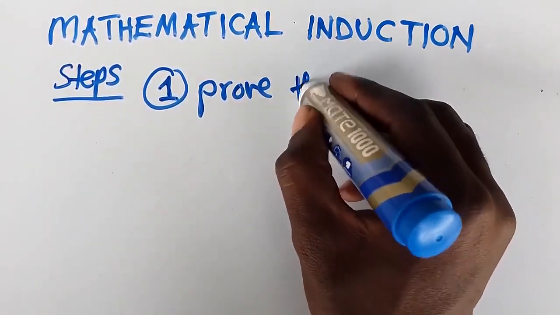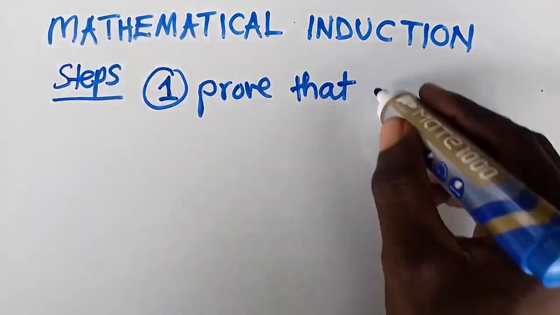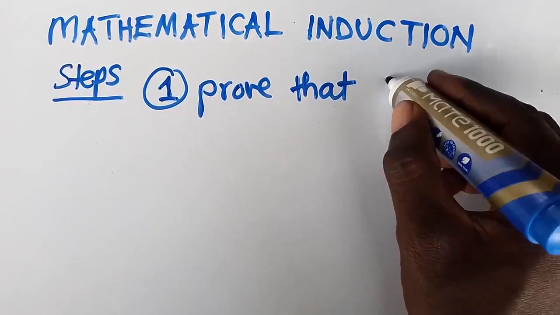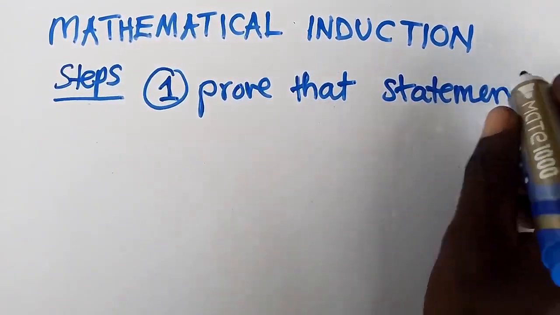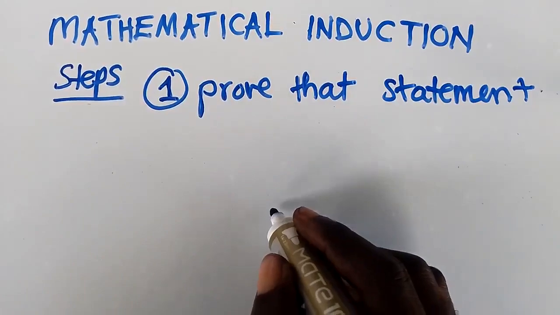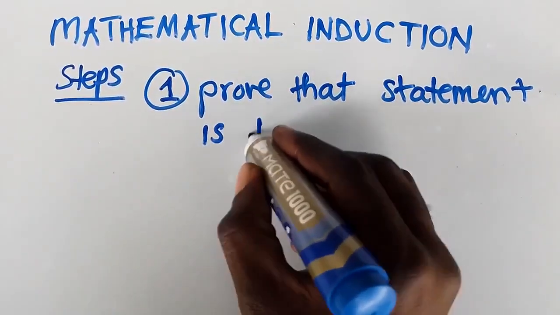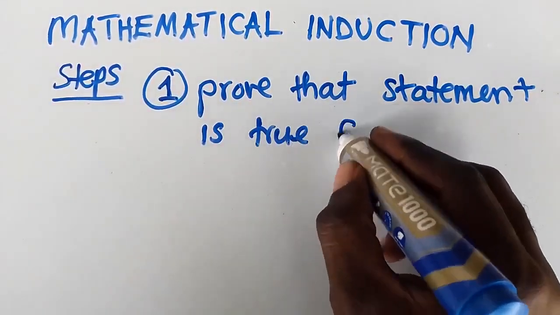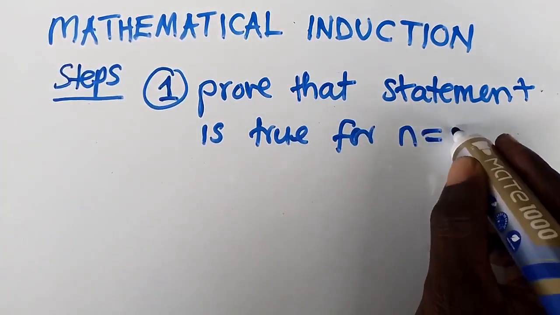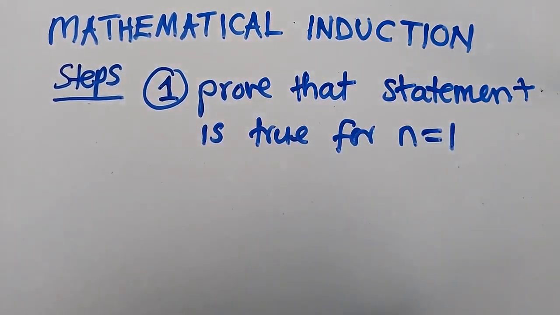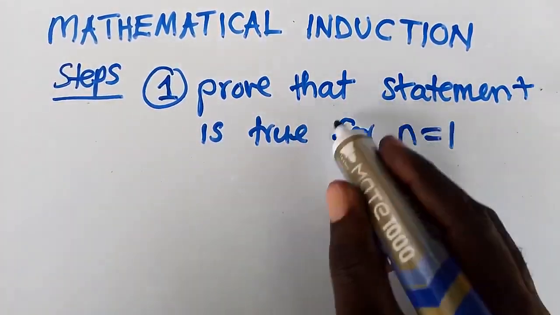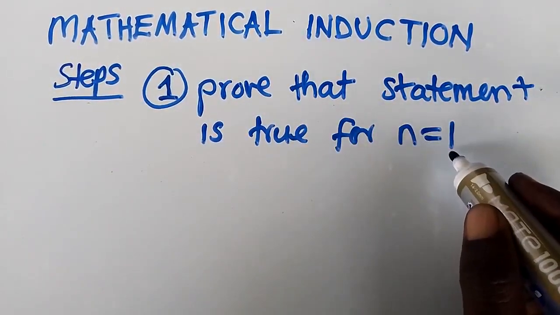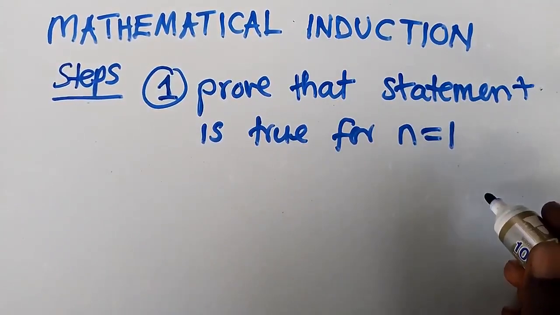You prove that the statement is true for n is equal to 1. This is the first thing that you are supposed to do.